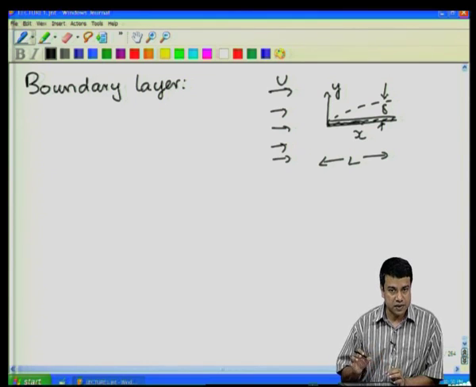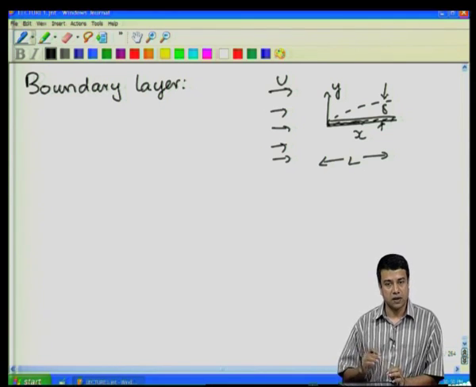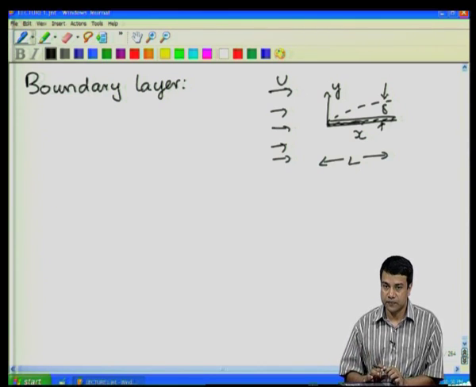The Reynolds number based upon the macroscopic length scale L is large. Therefore, you cannot have a balance between inertia and viscosity over length scales comparable to capital L. However, if there is a velocity gradient in the flow very close to the surface over a very small thickness delta, delta being small compared to L.